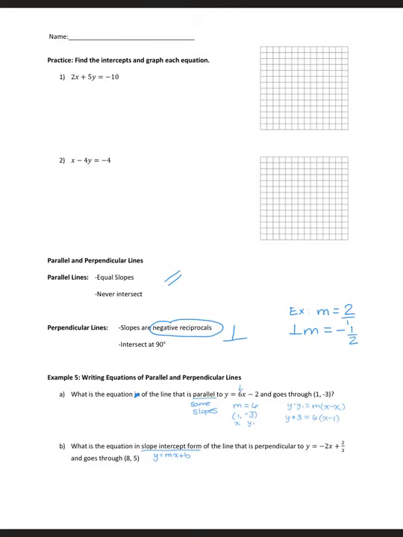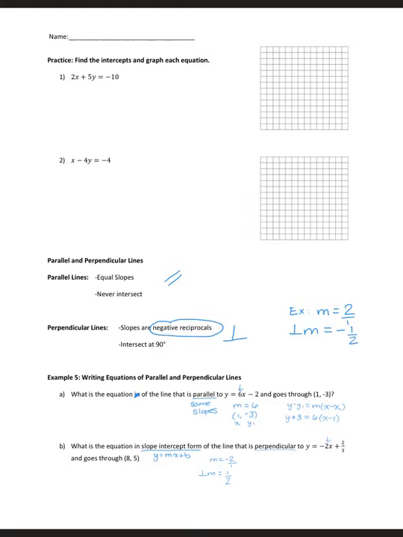So if it's perpendicular, that means that it's the opposite reciprocal. So my original slope is negative 2, so that means my perpendicular slope, I take the negative, so the opposite sign, so now it's going to be positive, and negative 2 is really 2 over 1, so I take this fraction and I flip it upside down. So my perpendicular slope is 1/2.